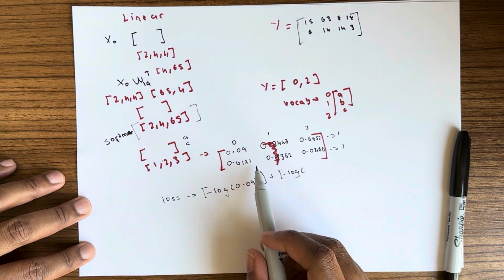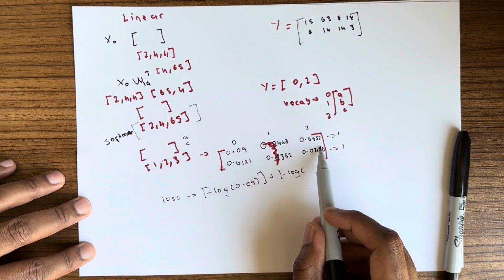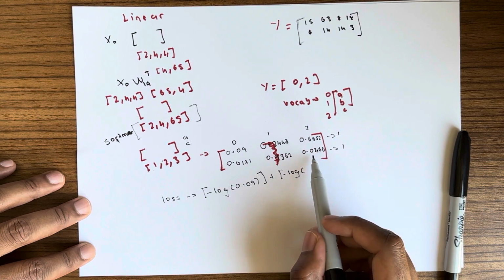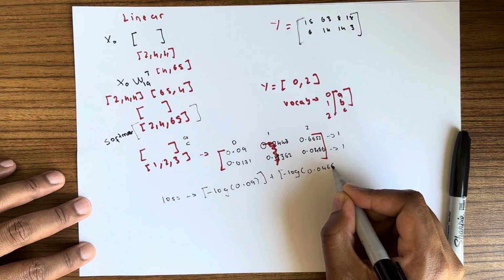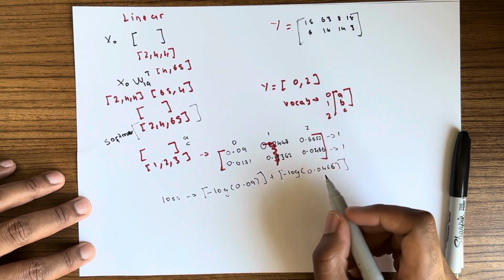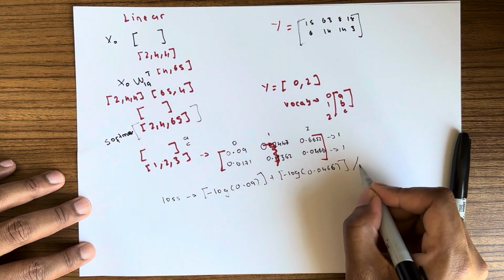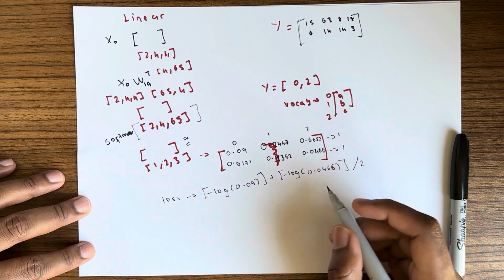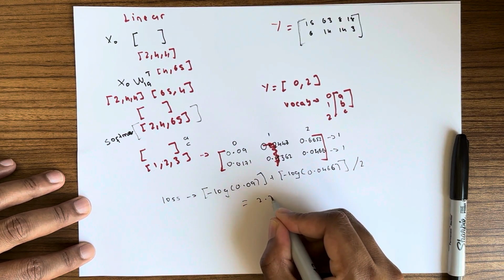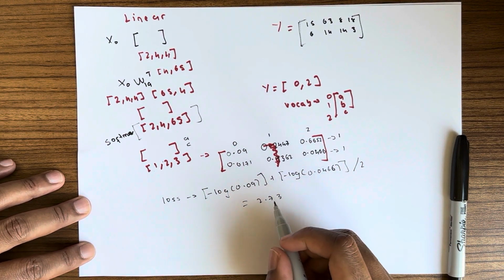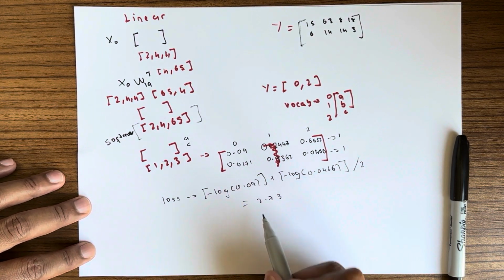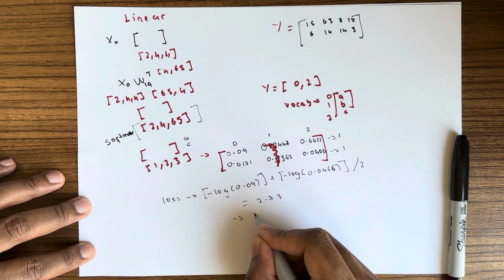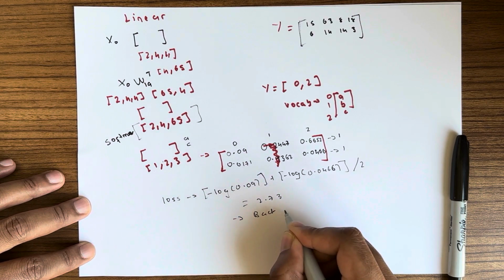For the second character, we're going to look at index 2, which is 0.0466. We have 2 characters, so we're going to take the average, divide by 2. I will end up with 2.73. So this is the loss.